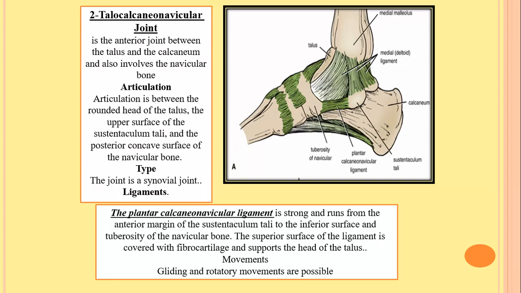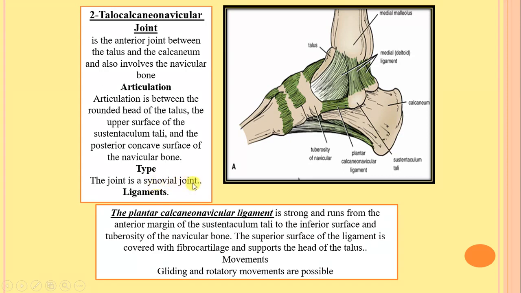This joint is especially important, the talocalcaneonavicular joint. It is the anterior joint between the talus and calcaneum and involves the navicular bone. It is the articulation between the rounded head of the talus and the upper surface of the calcaneum, and the posterior concave surface of the navicular bone, and below is the calcaneum bone.